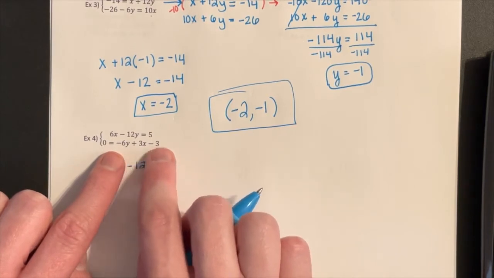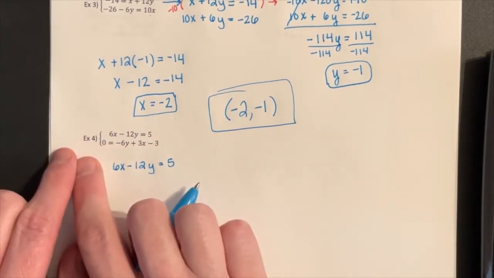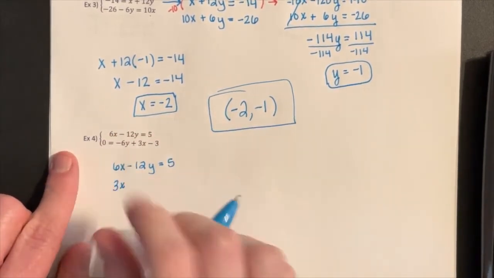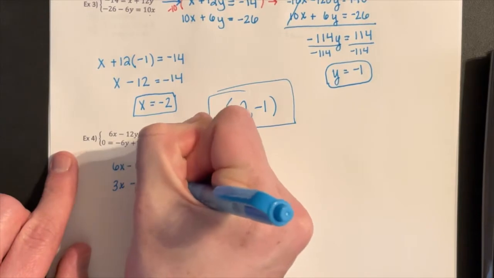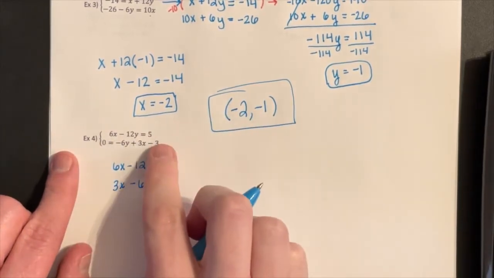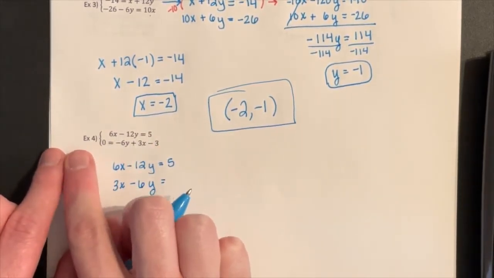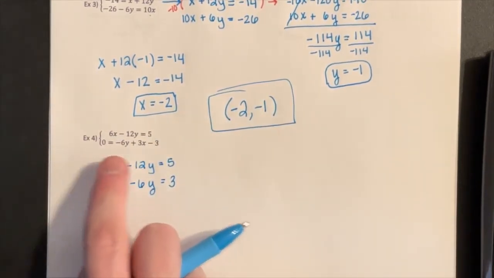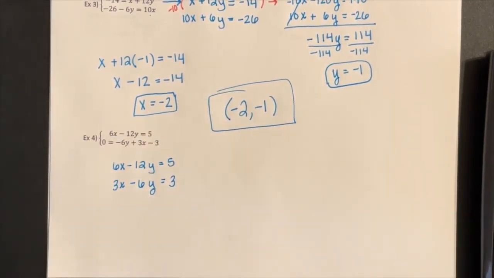So I can move the constant to the left, and I would have 3x minus 6y equals, and if I move that over to the left, it'd be equal to a positive 3. But again, you could have moved all of your x's and your y's to the left. Either one is fine. What I see is that I'm going to have to manipulate this.